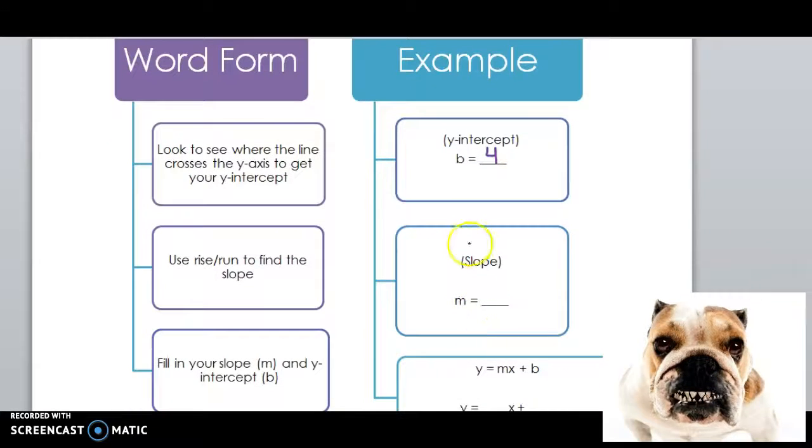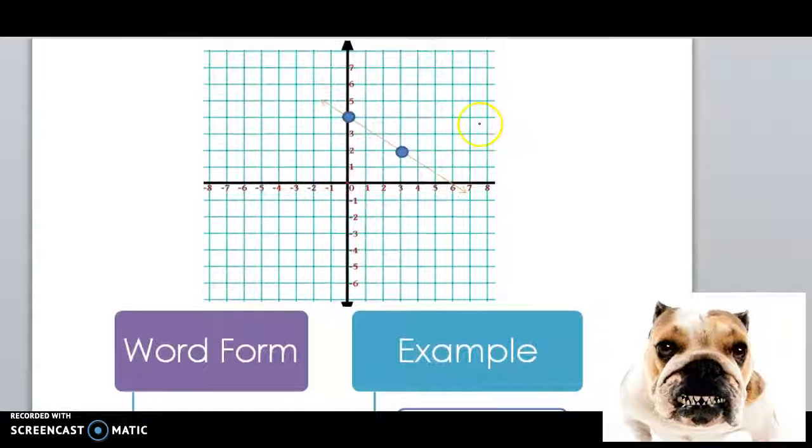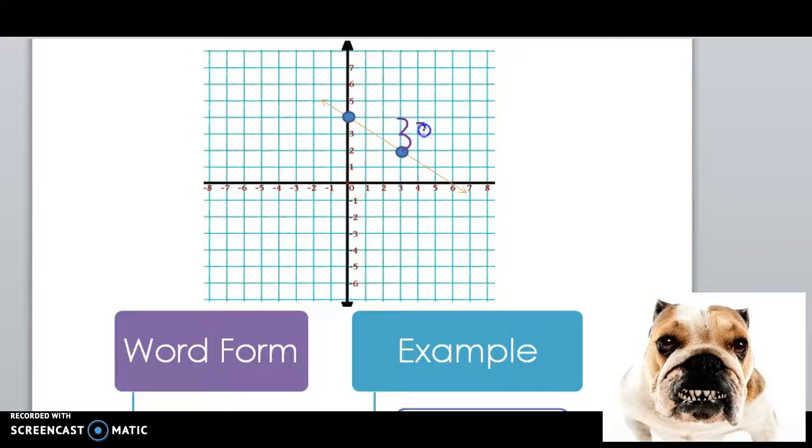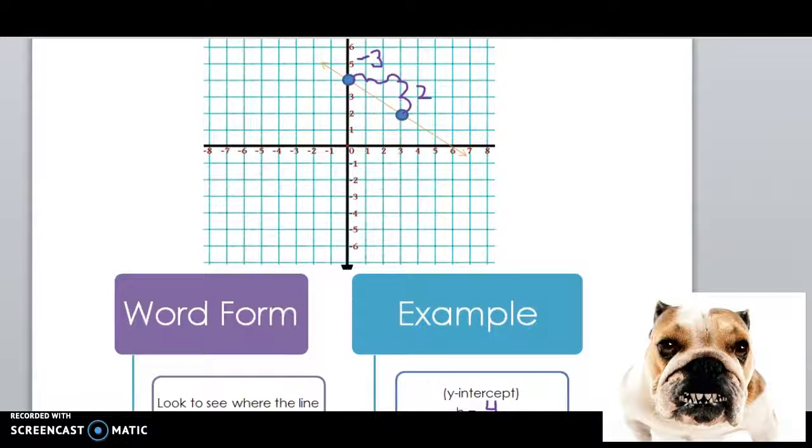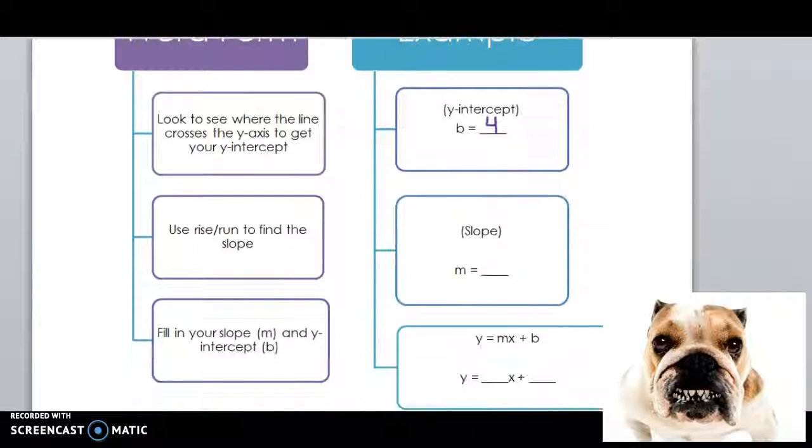Now I need to find my slope by using rise over run. So I'm going to rise 2 and run 3. And because it's a negative slope, I need to have my negative sign.